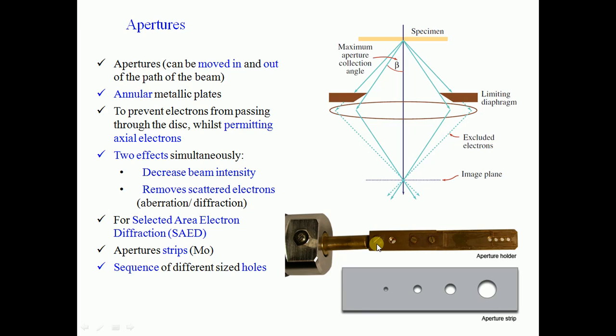These apertures are kept in the path of the electrons, and where these aperture strips are kept decides the mode of operation of the TEM. These can be moved in or moved out, and the appropriate aperture can be chosen, is it not? So these apertures permit the motion of axial electrons. They are used either to decrease the beam intensity of the electrons or to remove the scattered electrons.